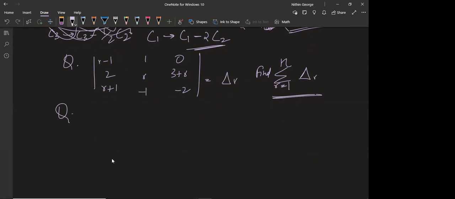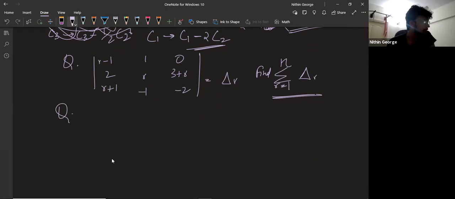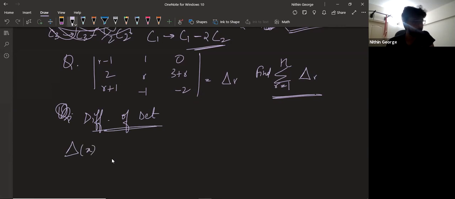And now, differentiation of determinant is the next subtopic. Differentiation of determinant. Okay, so you have some delta in terms of x given to be f1x, f2x, f3x.